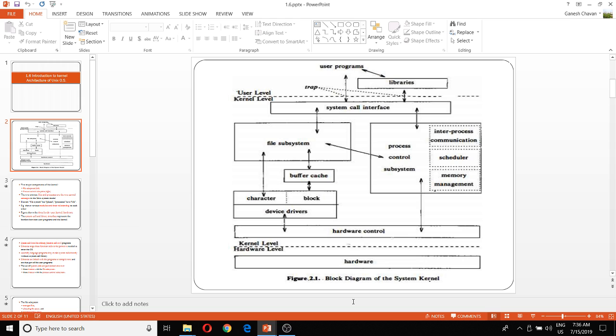It all starts with hardware at the bottom, then kernel level, which prominently comprises file subsystem and process control subsystem, and then at the top in the user level we have user programs which directly interact with the system call interface, or through libraries that interaction can happen.